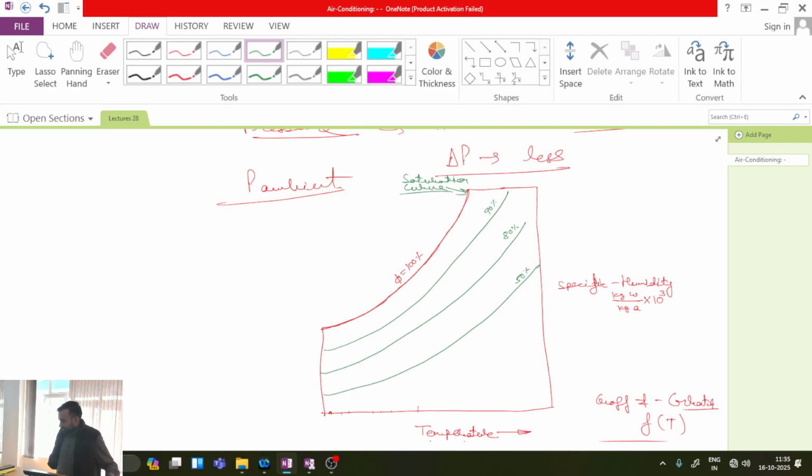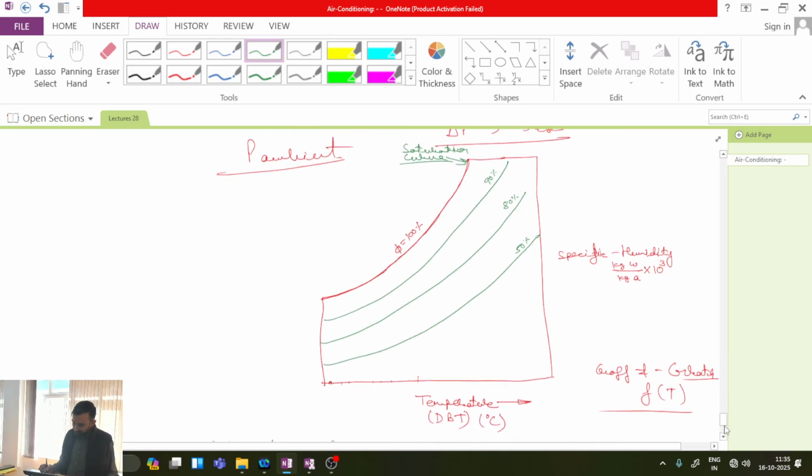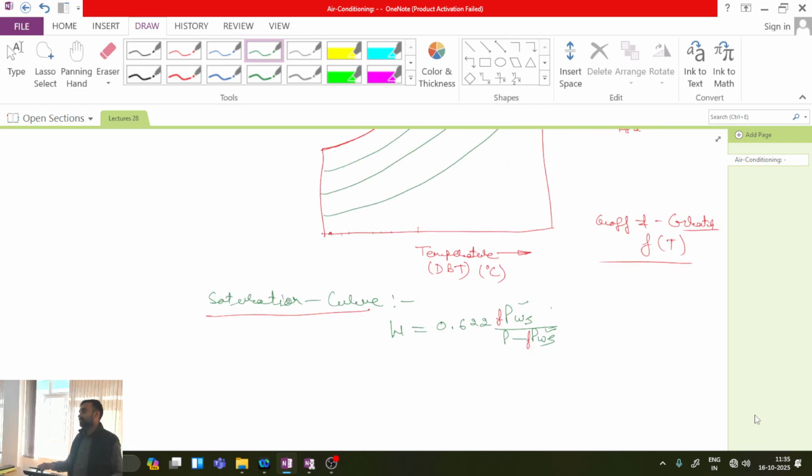Then the other important aspect comes: WBT. Because just now we understood that experimentally I cannot measure specific humidity. I cannot measure relative humidity easily. Of course, I can measure it with some complicated equipment, but easily I cannot.